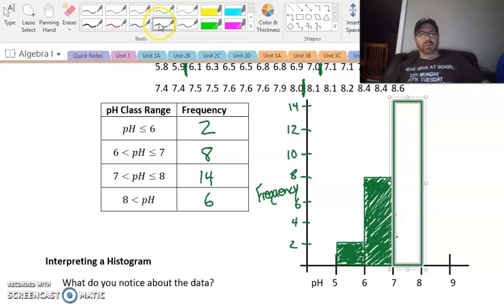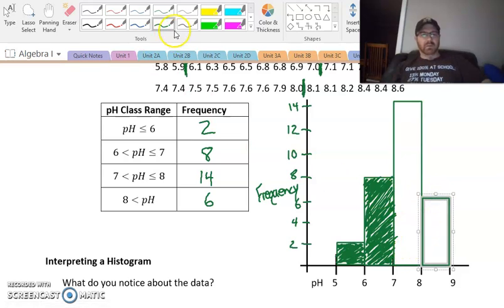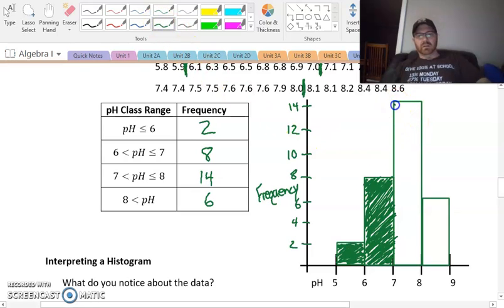So between 7 and 8, there's 14. And then lastly, between 8 and 9, there are 6. So I'm going to go up to 6. Scooch that down a little bit. There we go. And I'll color these ones in too, like I did the others.